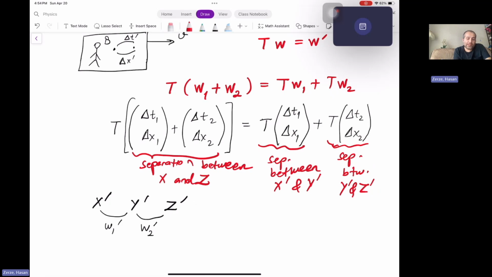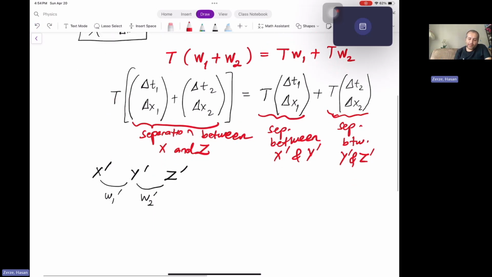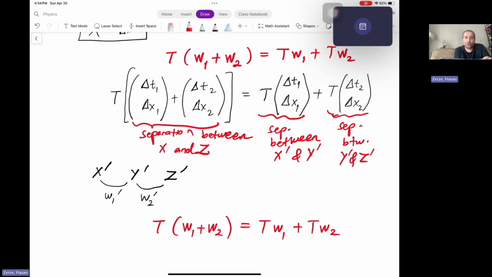So that's what we would expect from this transformation to do when it's applied to the sum of these two vectors. So we have shown that if I add two vectors and transform them, it's the same as first transforming them and then adding them together. So this is the first thing we should show to say that this is a linear transformation.